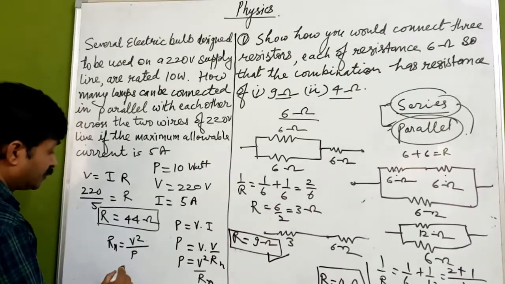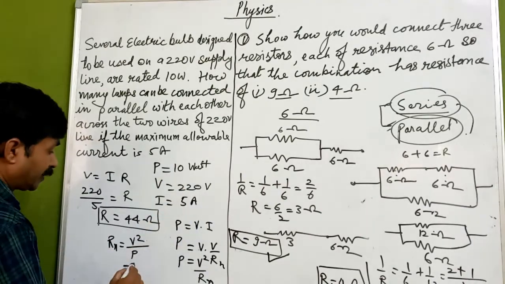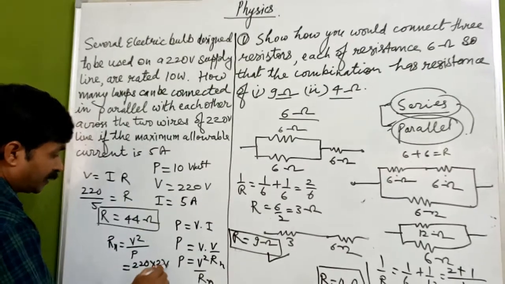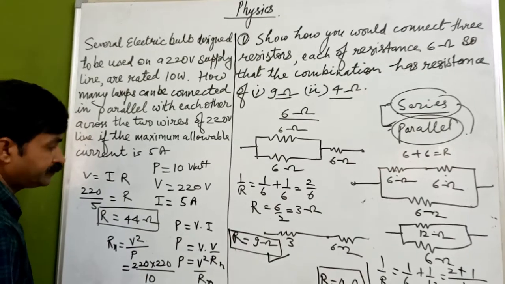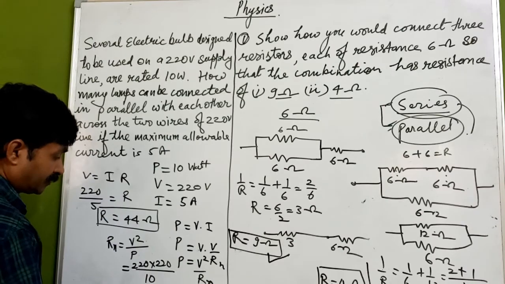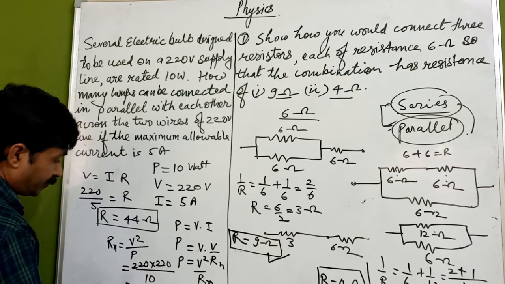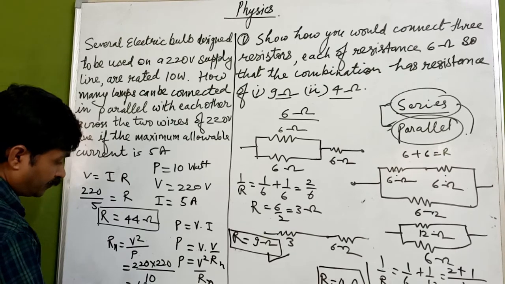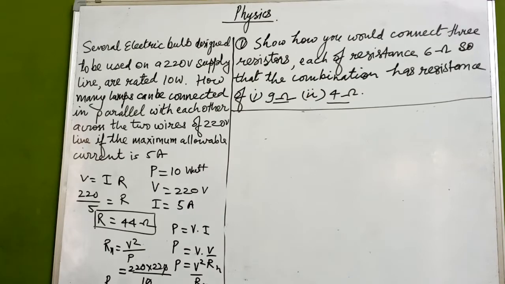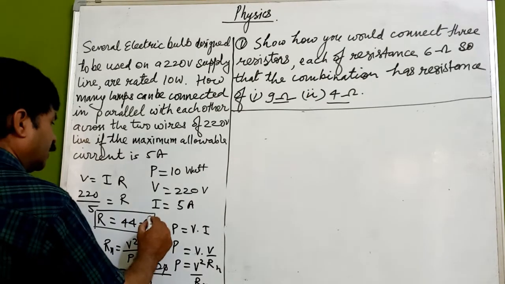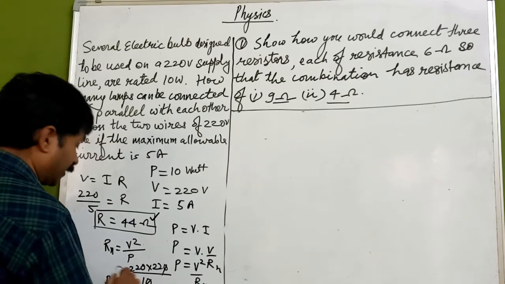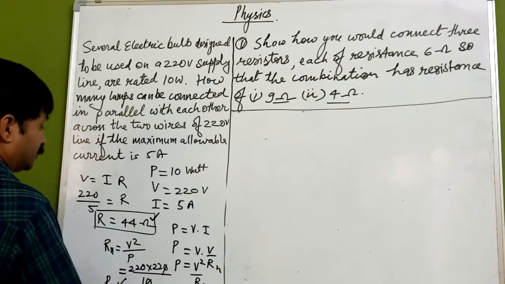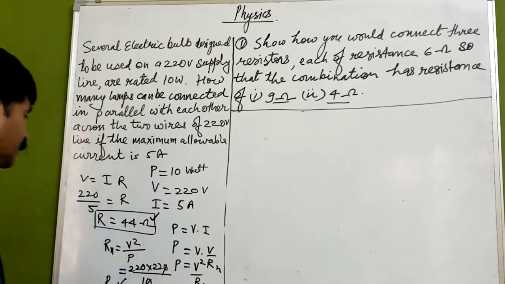Okay. Now once we have got V square upon P, we know the value: 220 multiplied with 220, divided by power, that is 10 watt. So here what we are having is 4840. Now here we have got R, which is the equivalent resistance, and here we have got Rn, which we will call the resistance of the bulb.